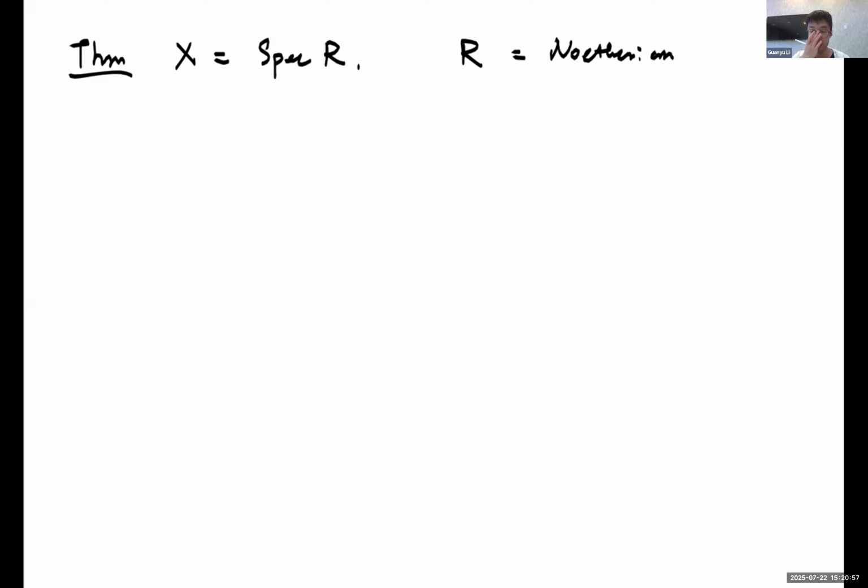We know before that the global sections contain all the information, which means we don't need the higher information to know the geometry of this space. And we don't need it means that all the higher things might be trivial, and it's actually yes.